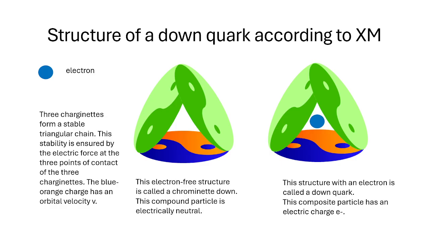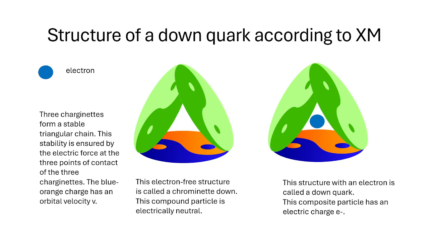Structure of a down quark according to XM. With a different level of energy, three charge nets form a stable triangular chain, like before. The blue-orange charge net has an orbital velocity v.